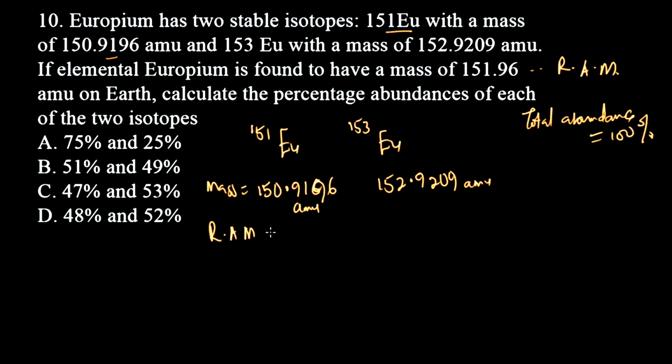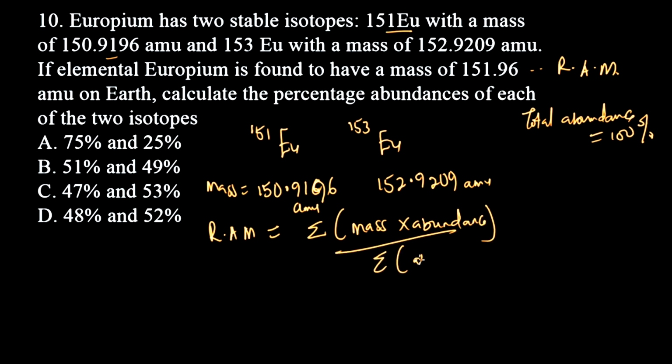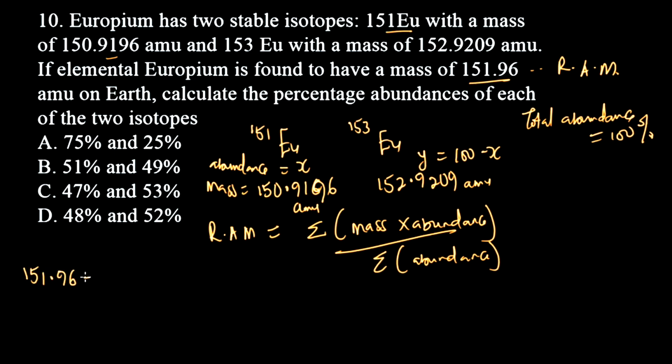So we can therefore say that RAM, which is the relative atomic mass, equals the summation of mass times abundance over the summation of the abundance, right? So we can therefore say that 151.96 equals, so the mass is this and the abundance is this, right?